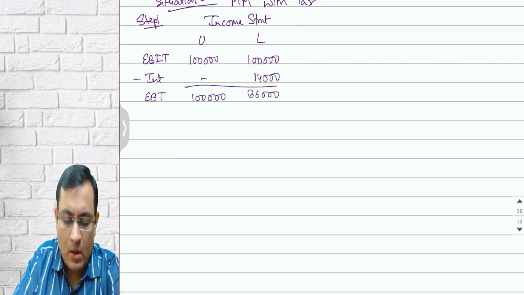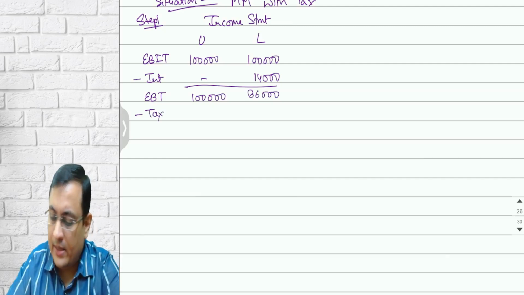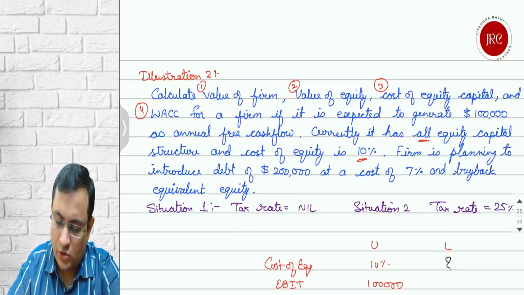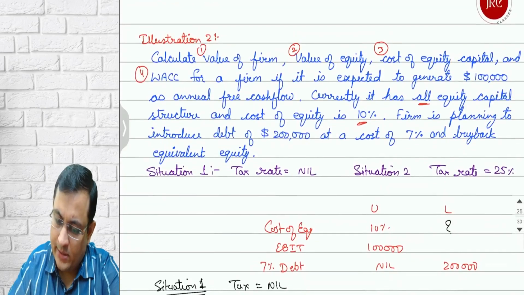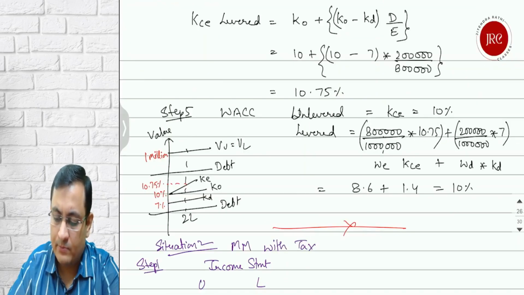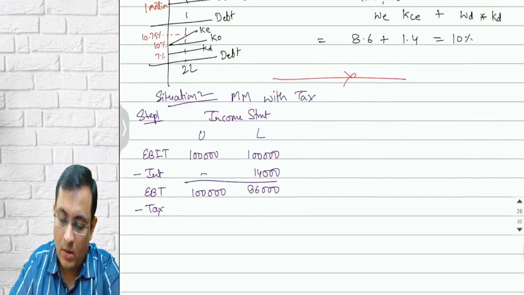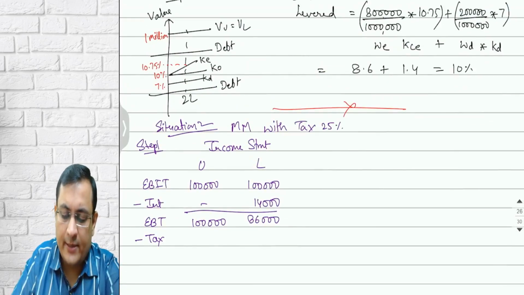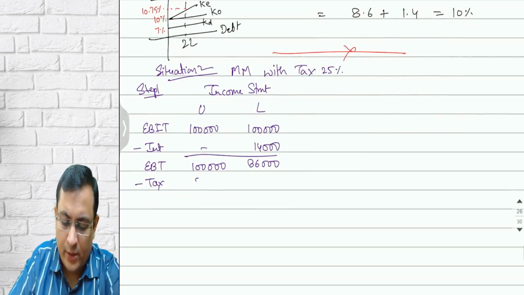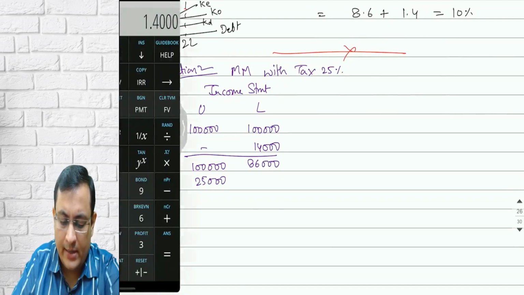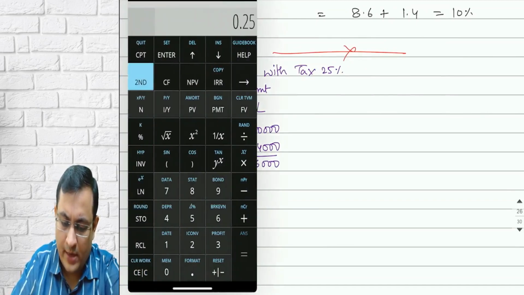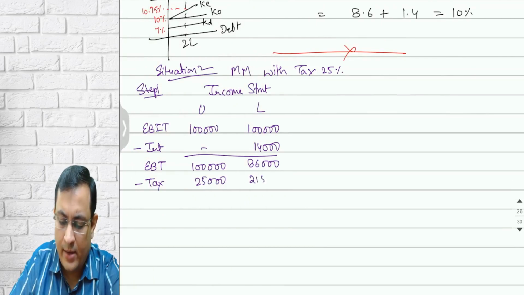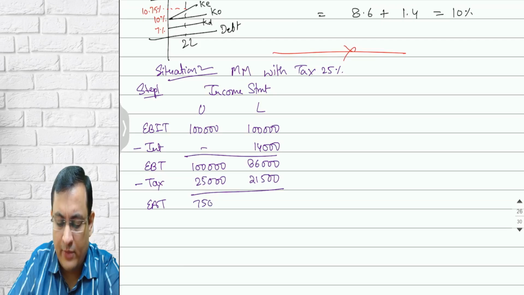Minus taxation at the rate, I think tax I have given how much? 25%. So subtracting 25%, 86,000 into 0.25 is equal to 21,500. We got a tax shield. So earning after tax is equal to 75,000 for unlevered.